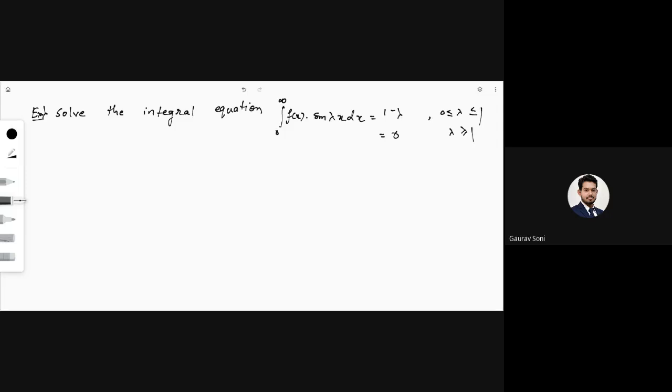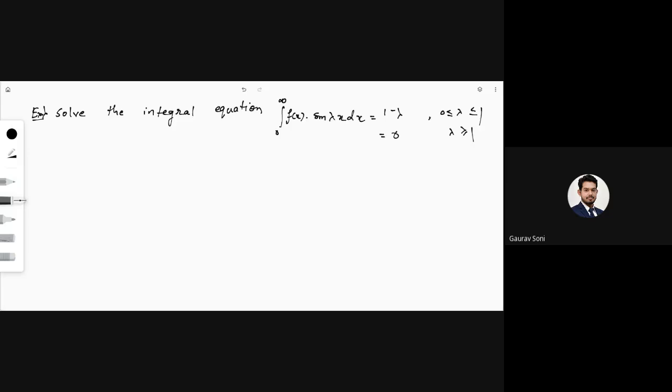So if you look at the left hand side, it looks like the Fourier sine transform of a function f of x. Solving this integral equation means we need to find the function f of x such that the integral on the left hand side becomes equal to the right hand side.